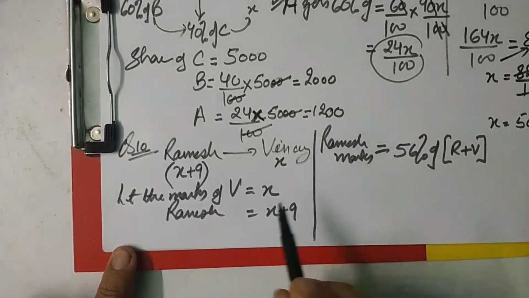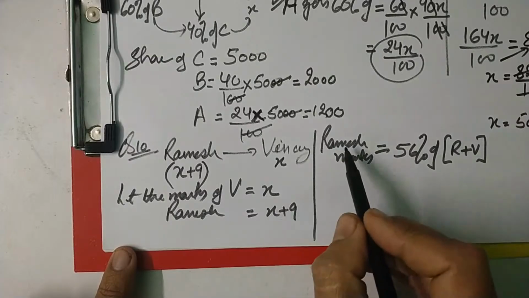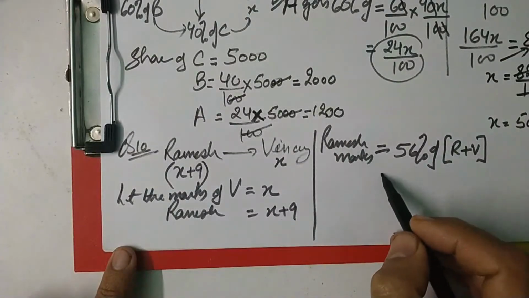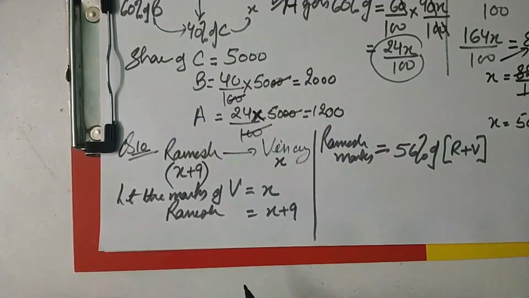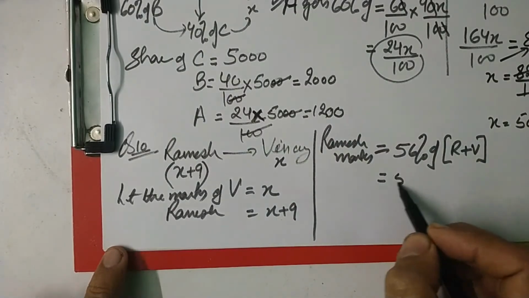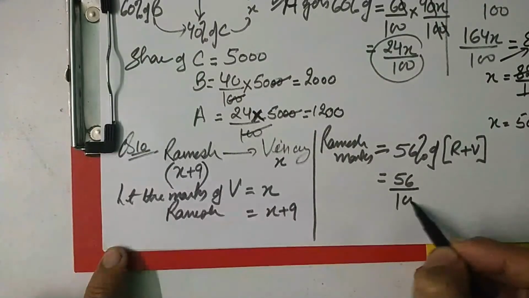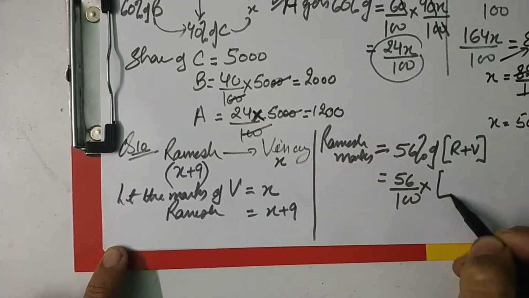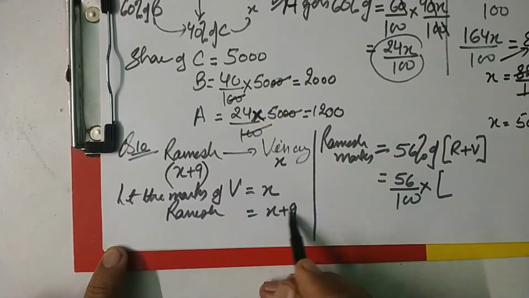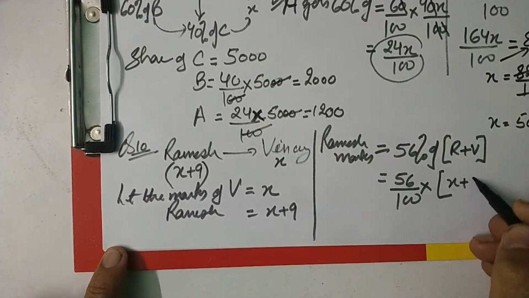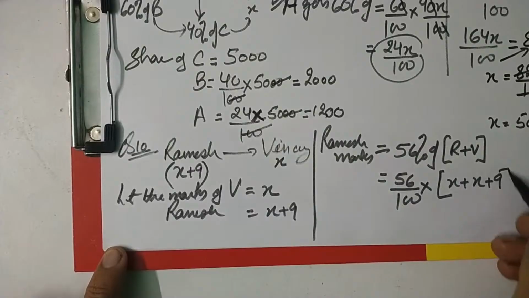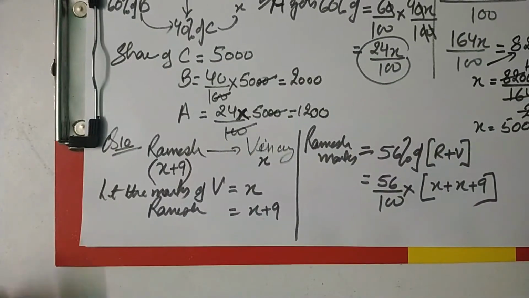What will be the equation? His marks are also 56% of the total. So what will it become? 56% of the total of Ramesh and this. So it will become x plus 9. Now read the question.